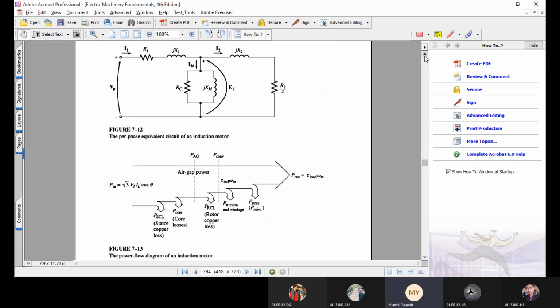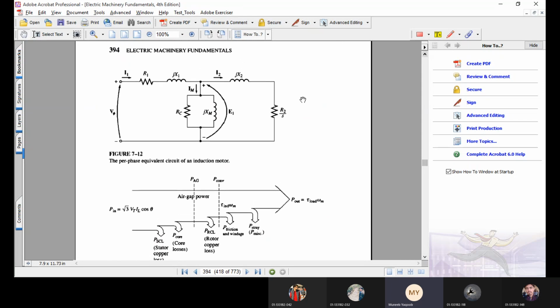the equivalent model of an induction motor becomes like this, and you can easily see that the rotor circuit is the circuit I discussed just before this figure.